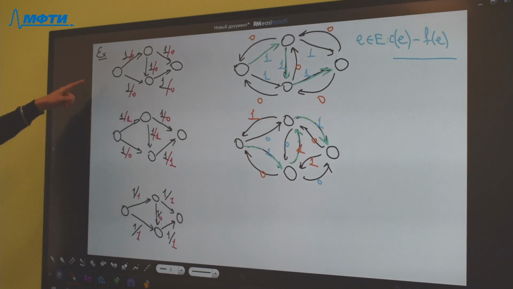Yeah? We can see that we increase the value of the flow.